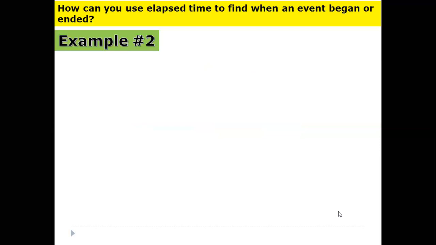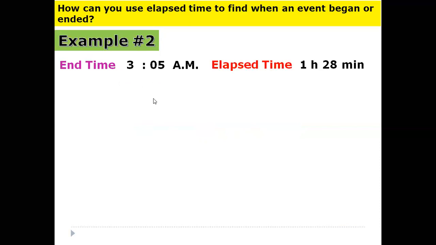Another example, look here. We have the ending time. The ending time of this event is 3:05 a.m. The elapsed time of it is 1 hour 28 minutes.